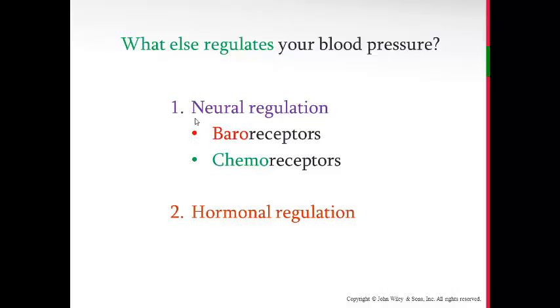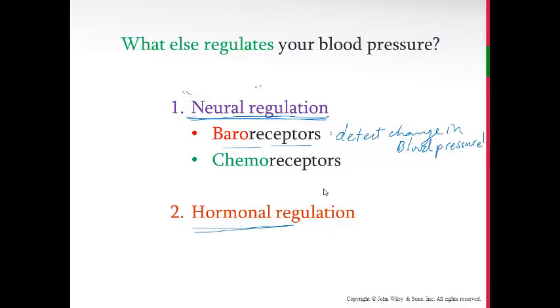We have those that are regulated through the nervous system, which we call neuroregulation, versus those that are regulated by hormones. Under neuroregulation, we have baroreceptors. These are the receptors that are going to detect changes in your blood pressure.